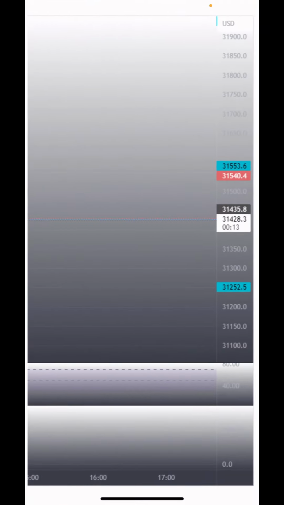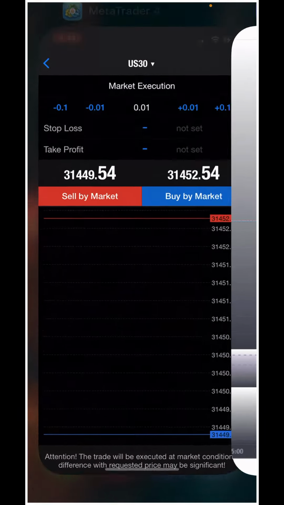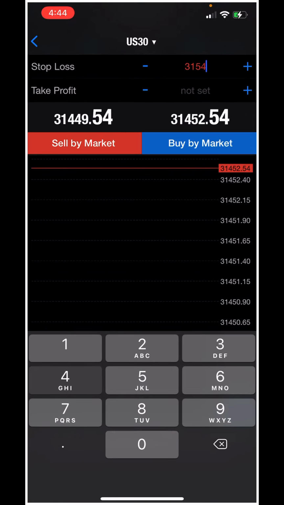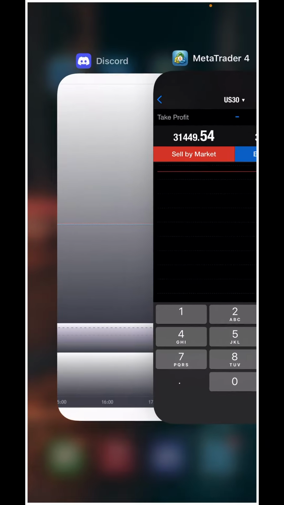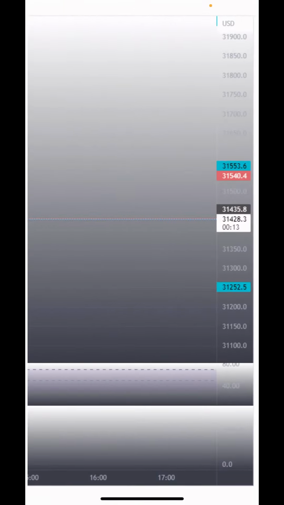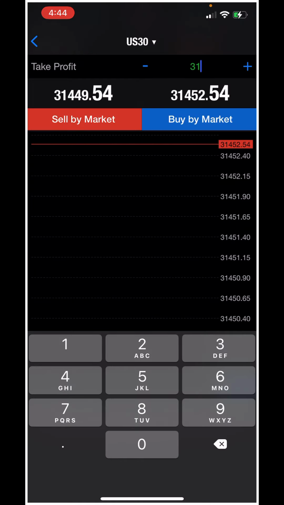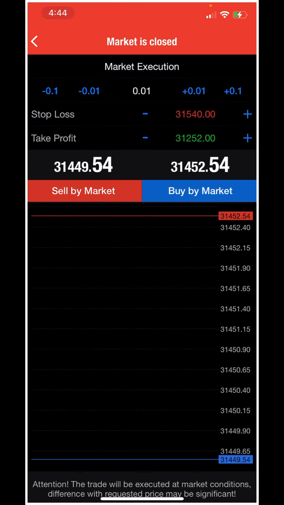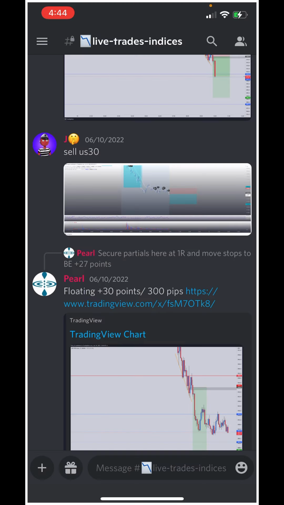So we see on the right-hand side, the red 31540. So we'd come over here. That is our stop loss. And then for our take profit, we're looking at 31252. Is this bottom blue box. And if the market was open, we would just hit sell by market and it would go through.